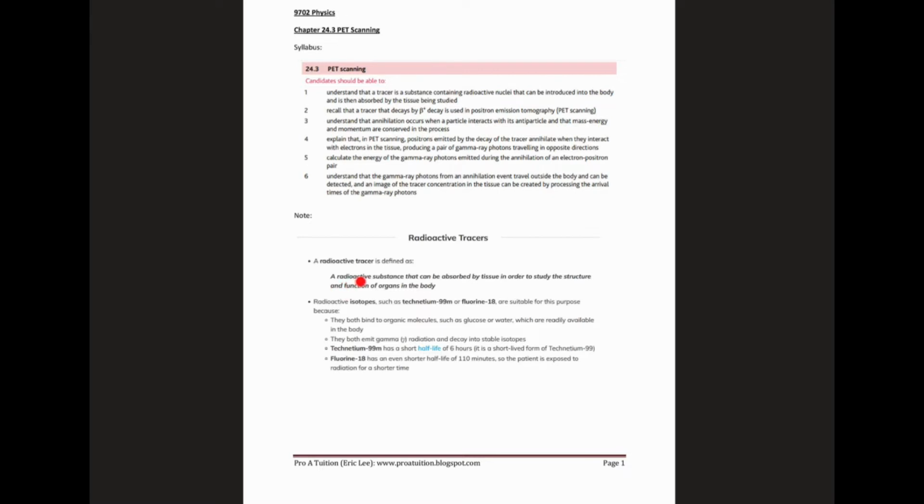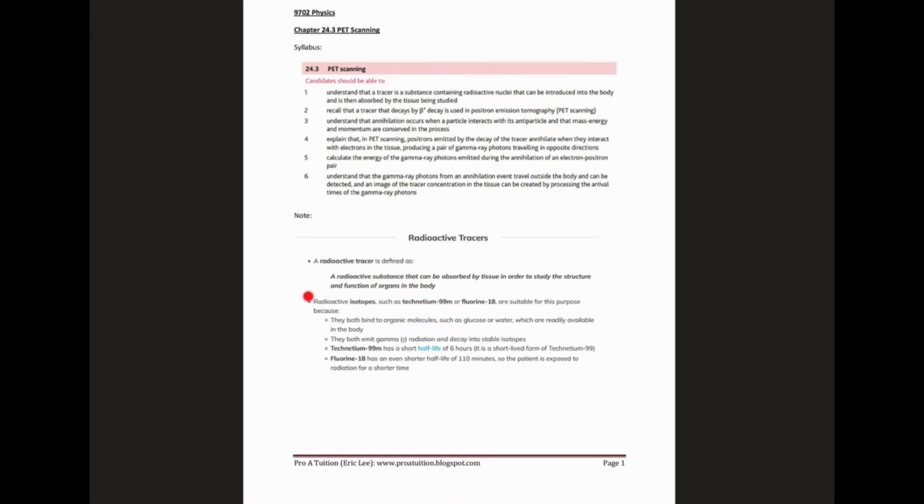We put a radioactive substance into the human body, for example. The body tissue will absorb the radioactive substance, and because of that there will be radioactive emissions, and there is a detector to detect that, so we can study the structures and functions of organs in the body.